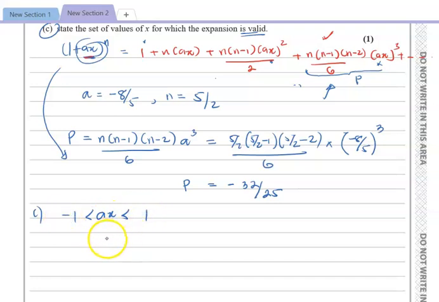And what is our a? Our a is -8 over 5. So ax should be between -1 and 1. You multiply by 5 and divide by 8, so that you see that your x is between 5 over 8 and -5 over 8. That's your validity, or the modulus of x is less than 5 over 8.